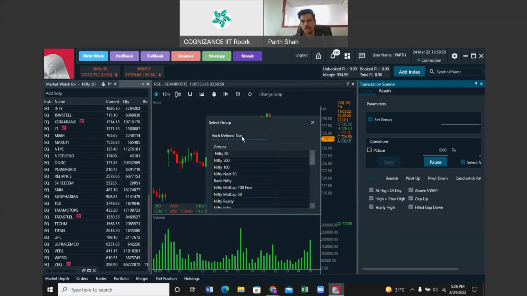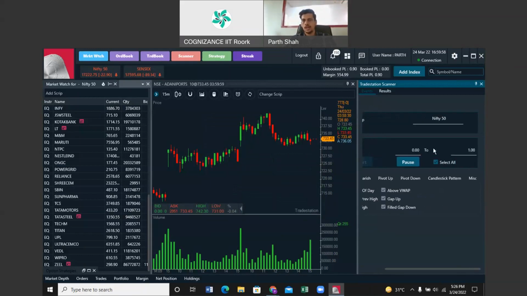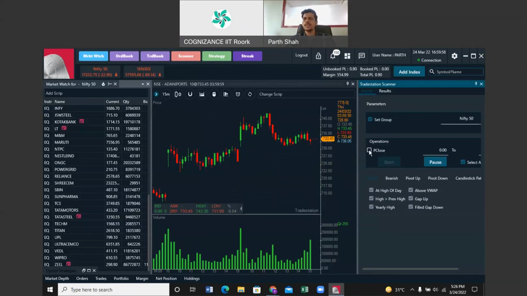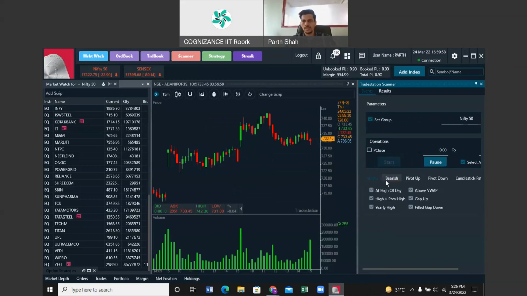So currently, I want exchange defined Nifty 50, and if you want range bound stocks, then you can include the previous close as well, but I don't want it as of now. And I have the selection where I can select what all patterns I want to scan, or what all indicators I want to scan.